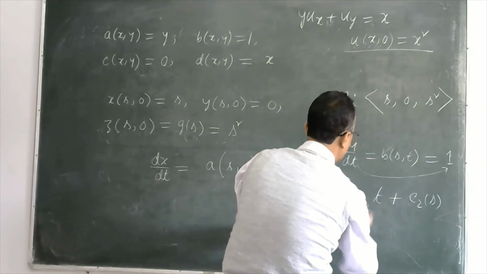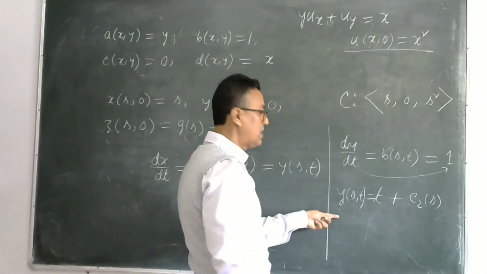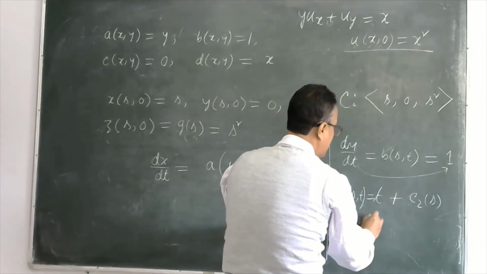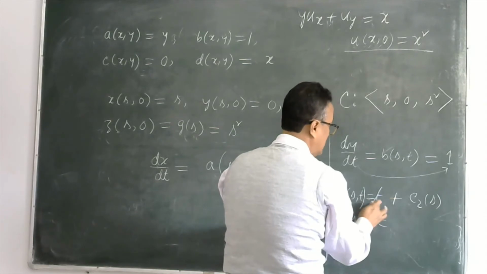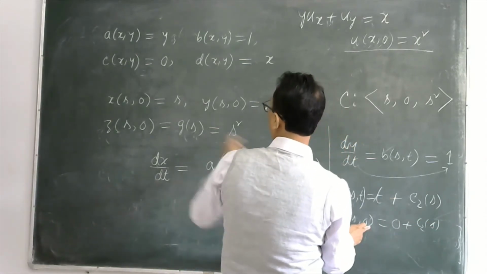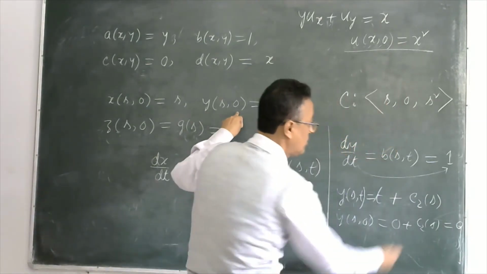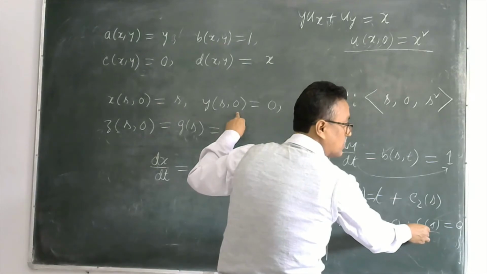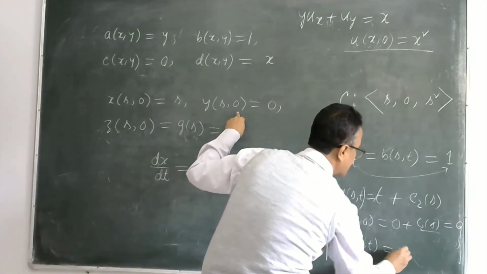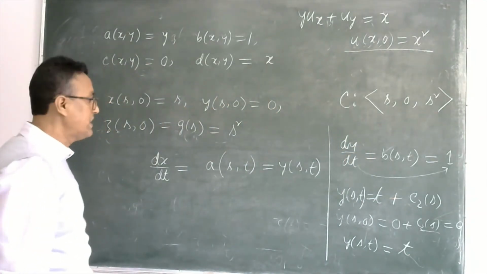If I use the initial condition, y(s,0) equals 0 plus c2(s), and y(s,0) was 0. So c2(s) is going to be equal to 0, right? So that means y(s,t) is simply t. Is it okay? Fine? Yes.